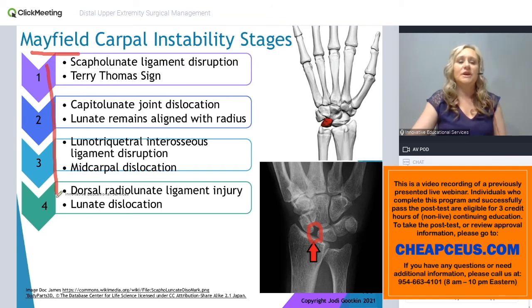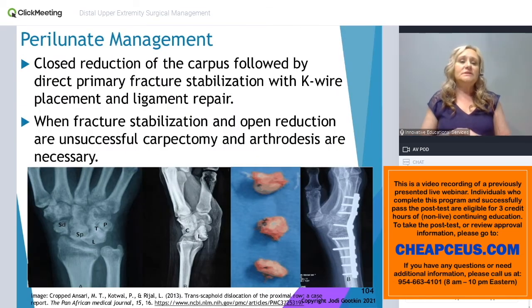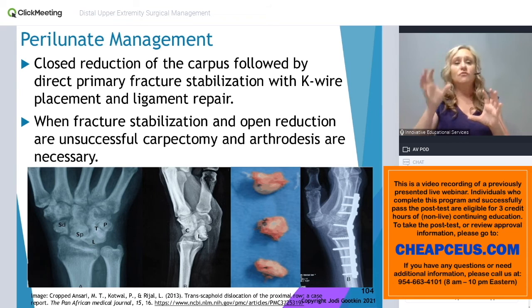The staging increases to 4 to the point where the lunate is actually dislocated out into that carpal tunnel. This is considered a devastating injury of the hand. The perilunate, so the bones around the lunate, need to be stabilized in order for hand function to occur.